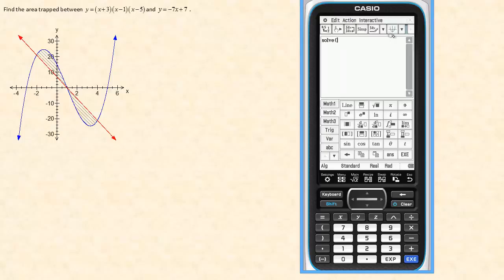So we're going to solve (x + 3)(x - 1)(x - 5) and put that equal to -7x + 7, and indeed exactly as it looked, -2, 1 and 4.